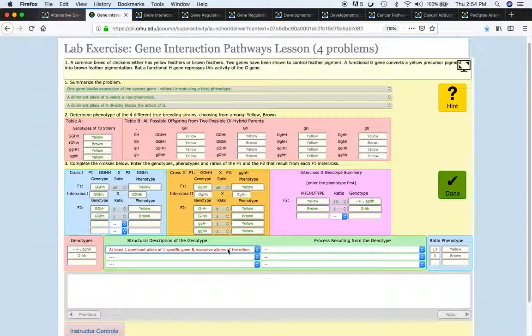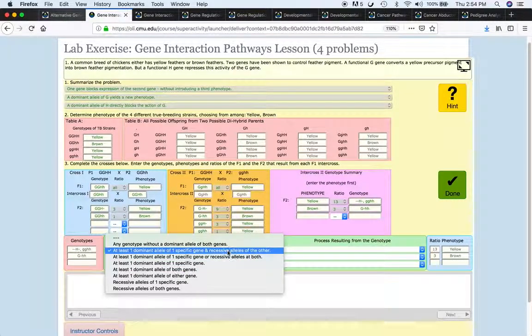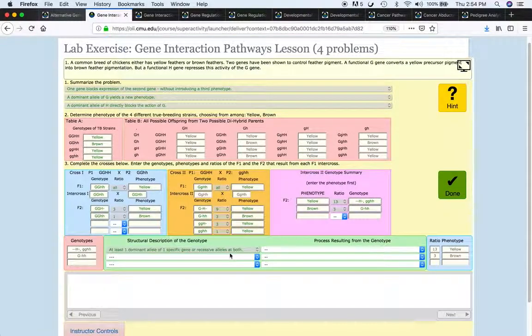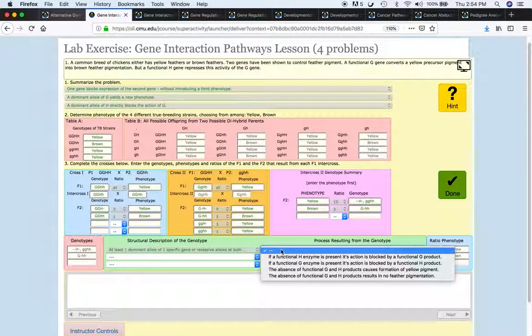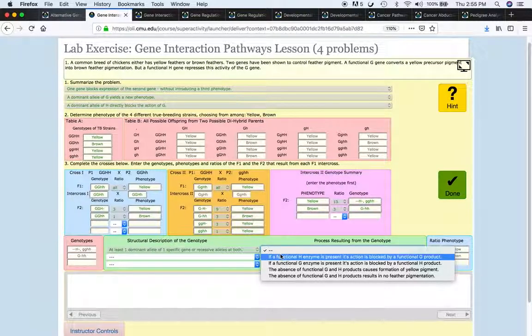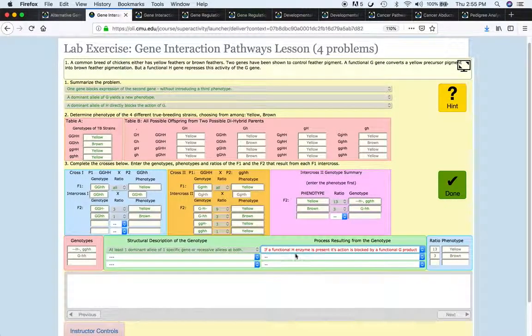If you answer correctly, it will turn green. If you answer incorrectly, it will turn red. Here we've answered that correctly. And then after specifying the genotype, you describe what will happen if you have one of those genotypes.